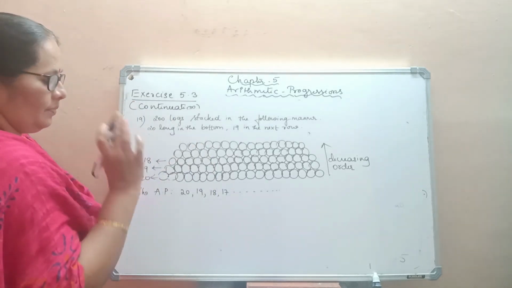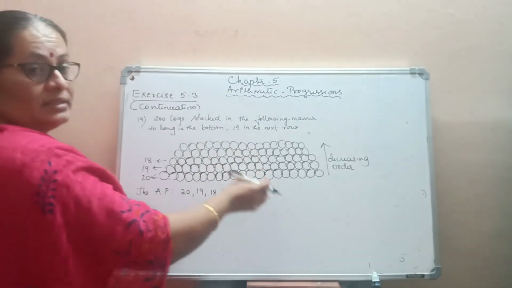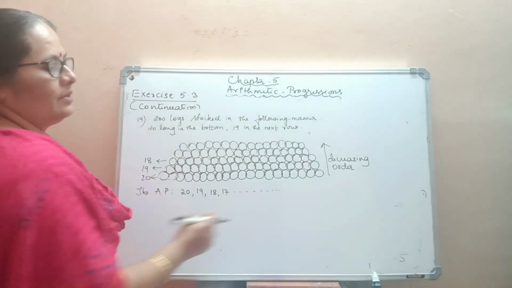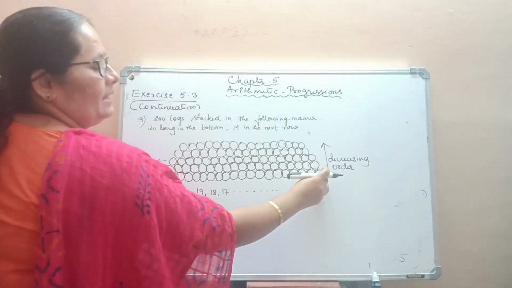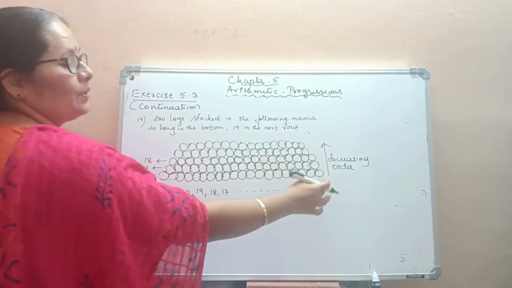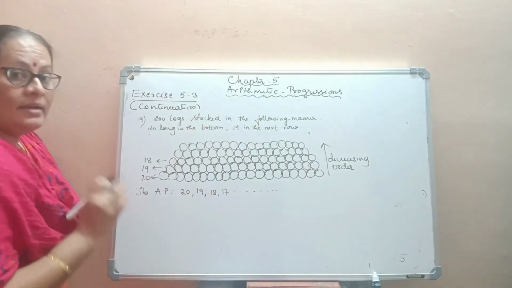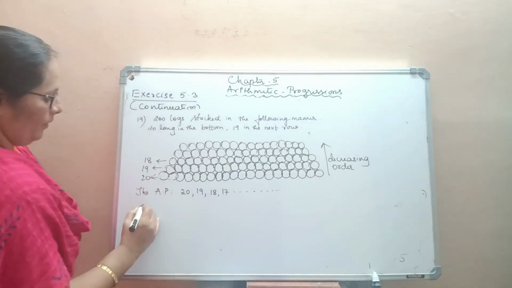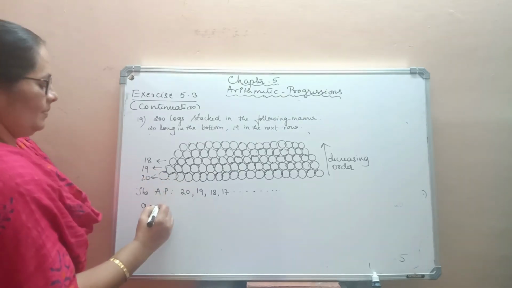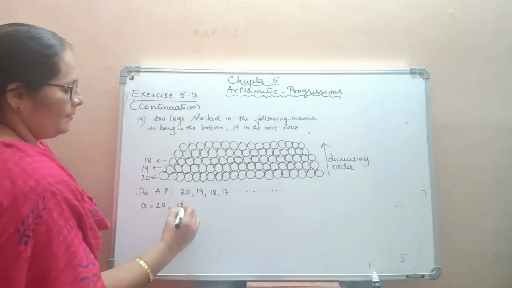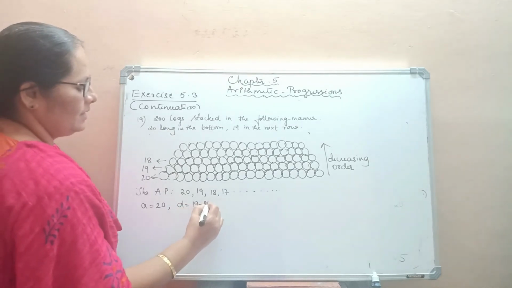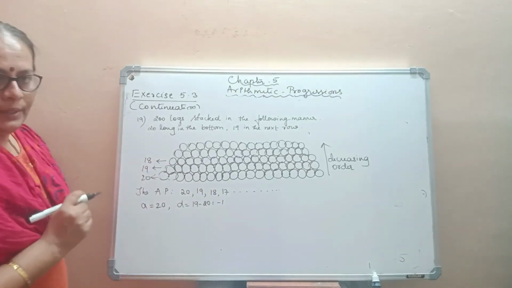It means the logs are placed in decreasing order. Therefore, the first term of the AP is 20 and the difference is 19 minus 20, which is minus 1.